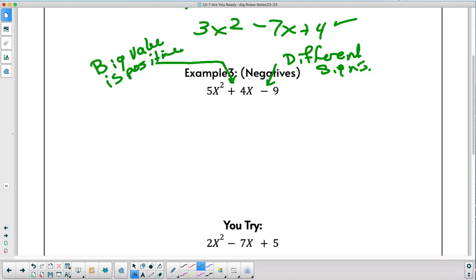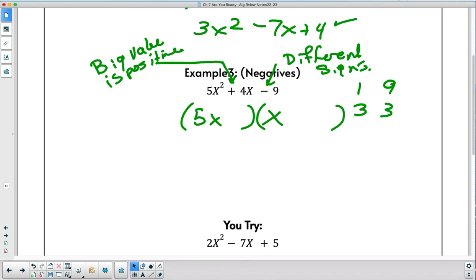Okay, so now I know 5 is prime, so it's nice that I just have that choice there. But 9 is 1 times 9, okay, and 3 times 3. So those are the things I'm going to try, 1 times 9 and 3 times 3.